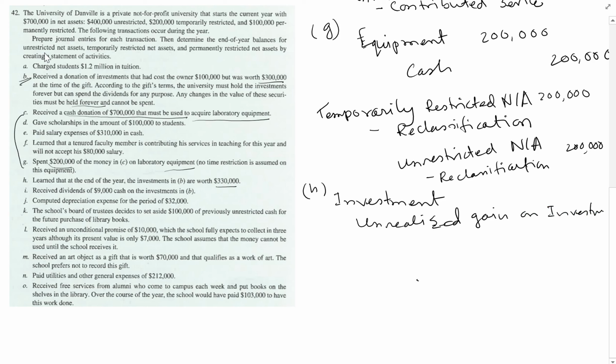And that's only the incremental part, which is 30,000. But remember, this portion will also be considered as a permanently restricted portion, because this incremental value you have to hold forever. So I'll write it down: permanently restricted net assets.